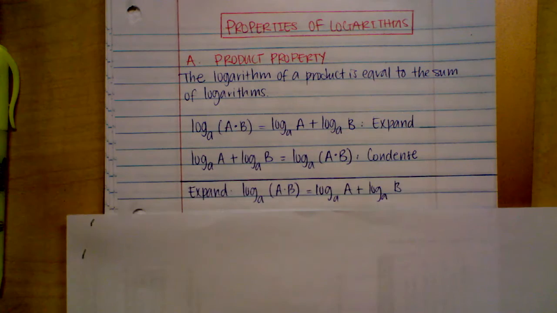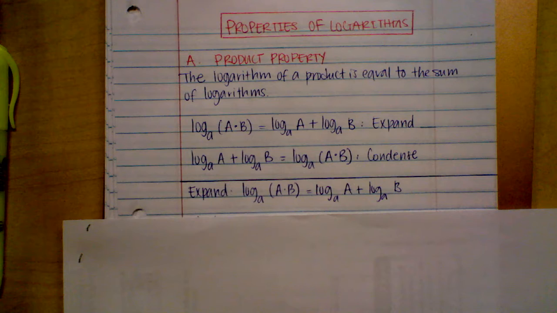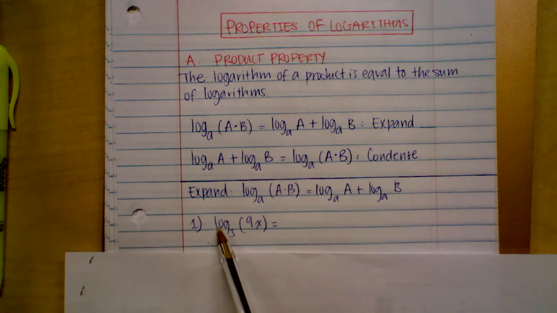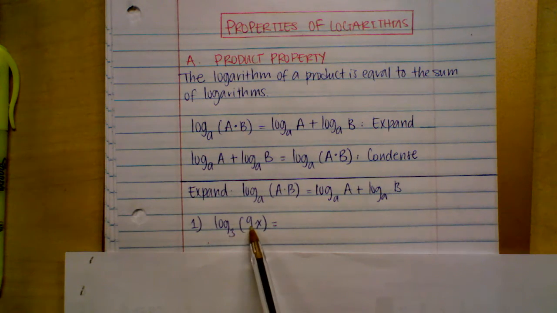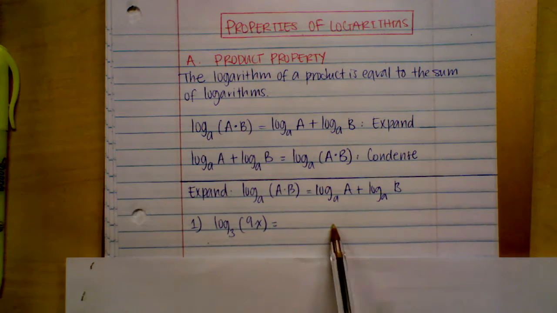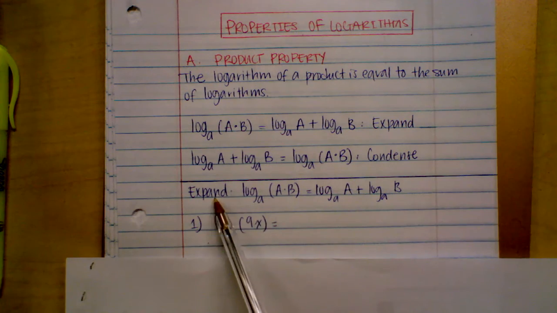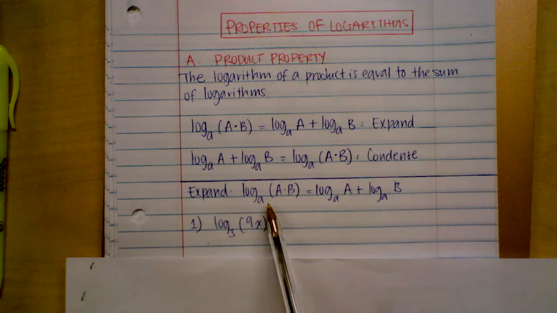Okay, so let's have example number one. You're given log base 3 of 9 times x, or 9x. So we are going from one log, and you want to end up with two logs. We call that the expansion. We want to expand the log.